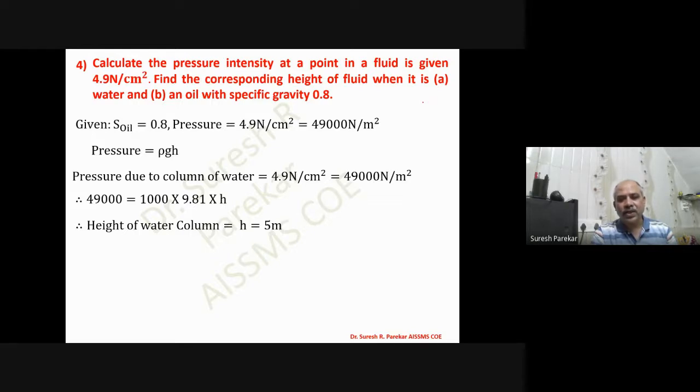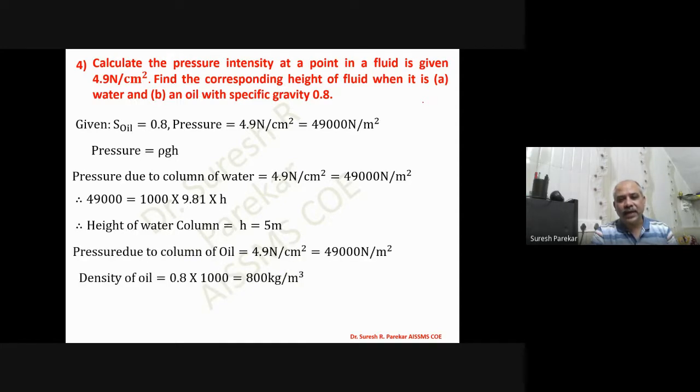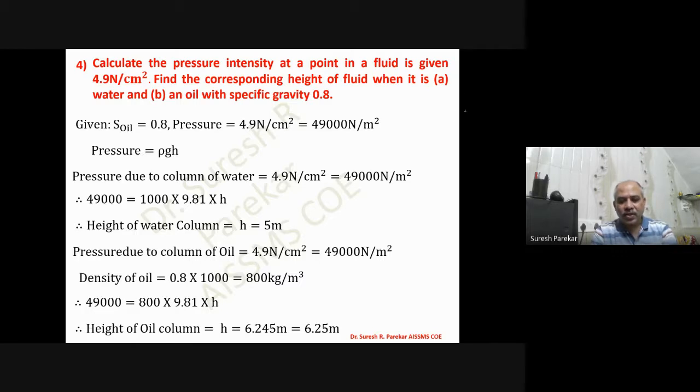Similarly, we take specific gravity as 0.8, and therefore 800 as density of oil, and we get the height of the oil column as 6.245, which is about 6.25 meters. So likewise we find the height of the water column and the height of the oil column.